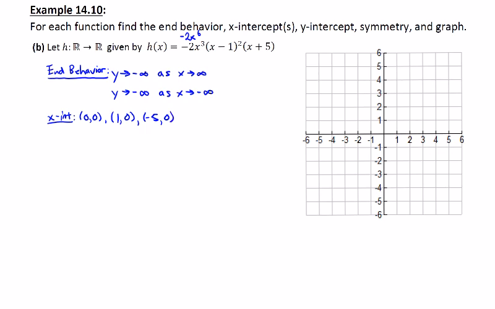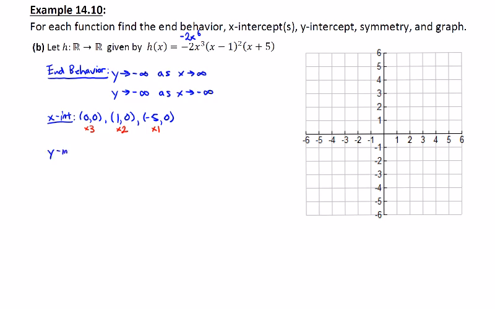The multiplicities on these can be seen relatively quickly from the factored form, which was originally given to us. We have a multiplicity of 3 at the origin, a multiplicity of 2 at positive 1, and just a multiplicity of 1 at negative 5.